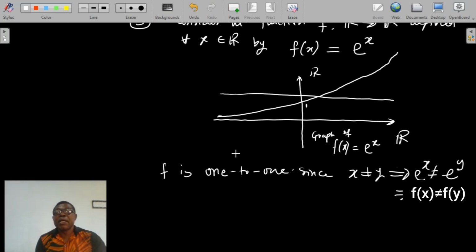So geometrically, a function f is 1 to 1 if it cuts the horizontal lines at most 1 point. So for any horizontal line you take, you'll find that it cuts it at most 1 point. If you take a horizontal line down here, you'll find that the curve cannot touch it. But any horizontal line above the horizontal axis, the curve will cut it at only 1 point.